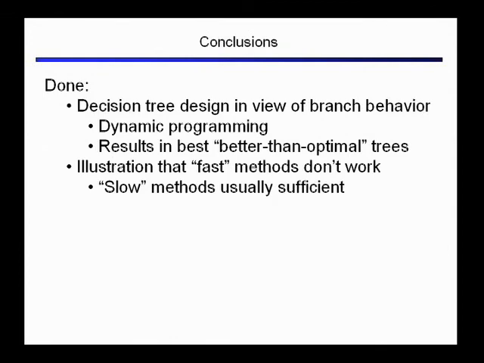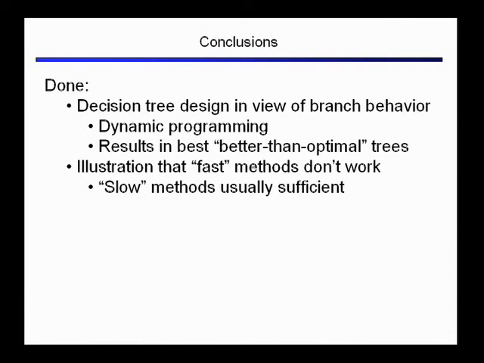So what I've done here is to use the actual behavior of conditional branches to impact decision tree design to make sure that my decision tree truly takes the least amount of expected time.